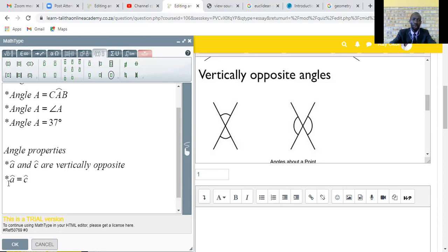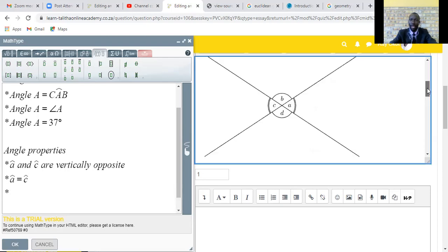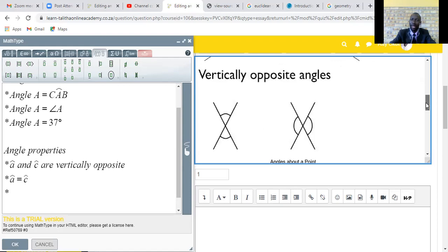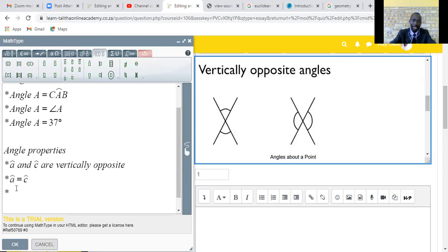Now the other thing we want to include in our investigation of angles is these two, this upper one and the lower one, which is still investigated under the concept of vertically opposite angles. For these vertically opposite angles, we have B and D. They are also vertically opposite angles, and because of that, we include it here.